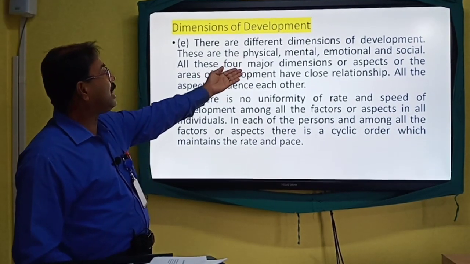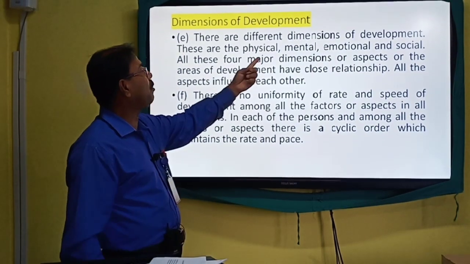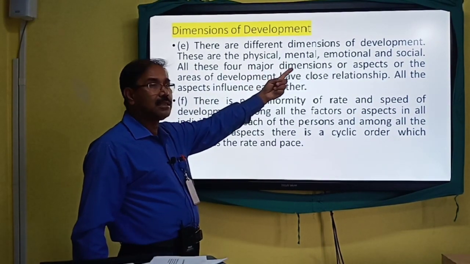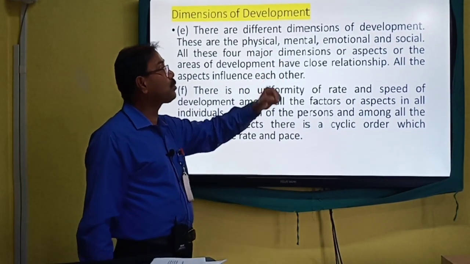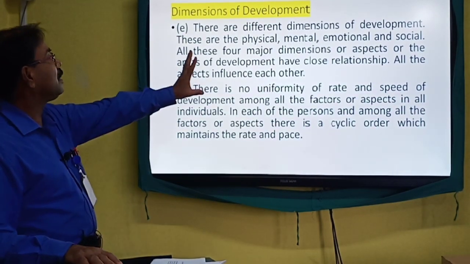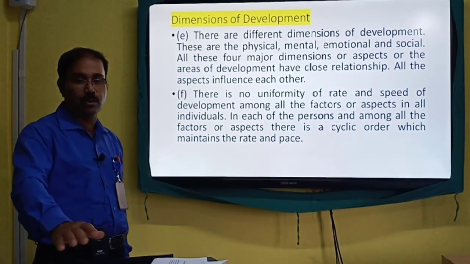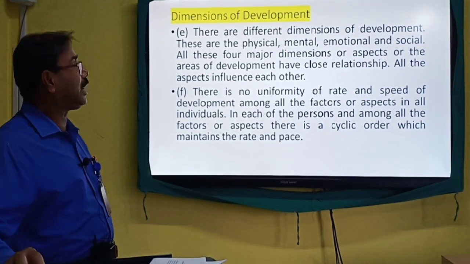Adolescence is the stage of quick and very speedy development of mental capabilities. It is the stage of emotional development, and it is the stage when social development takes place so speedily. So friends, these are the four dimensions we need to know well for understanding the special characteristics of the stage of adolescence.